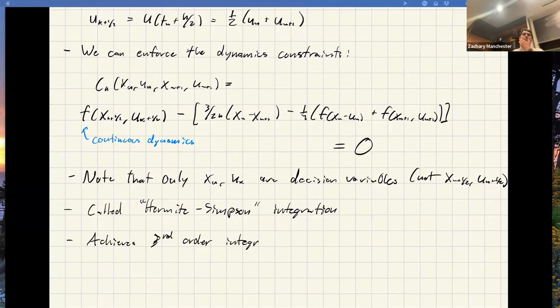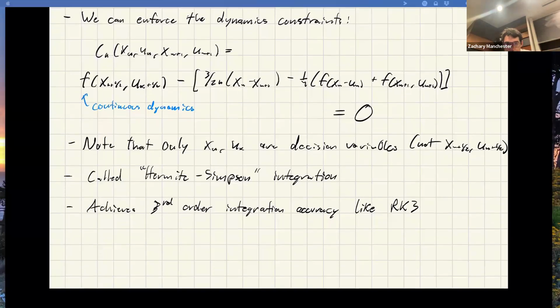Does anyone remember what it means to achieve third order integration accuracy? Yeah, it means if I analytically Taylor expand the trajectory x of t, the step I get for x_{k+1} from this matches exactly the first three terms in a Taylor series for x of t.